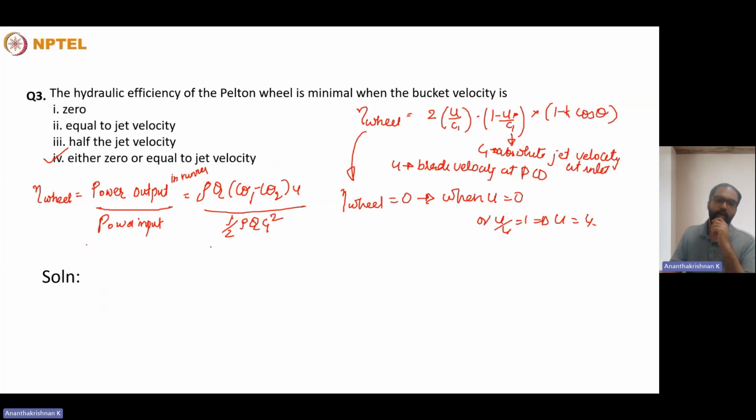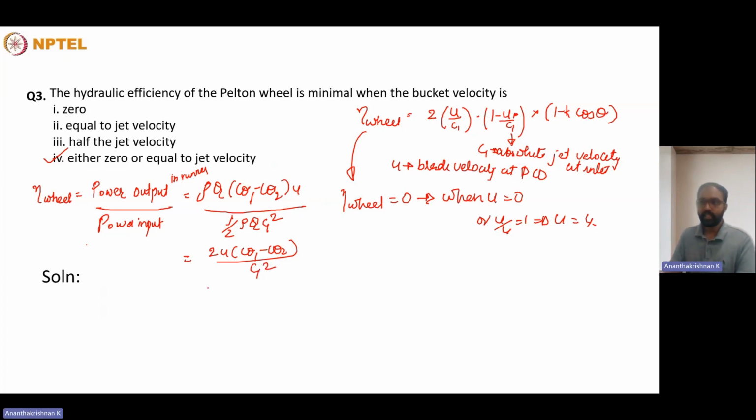So this is the wheel efficiency formula, and from the velocity triangle analysis, we can calculate the value of C theta 1, C theta 2, and everything else. Reducing, we can get this value to be 2U (C theta 1 minus C theta 2) divided by C1 squared.